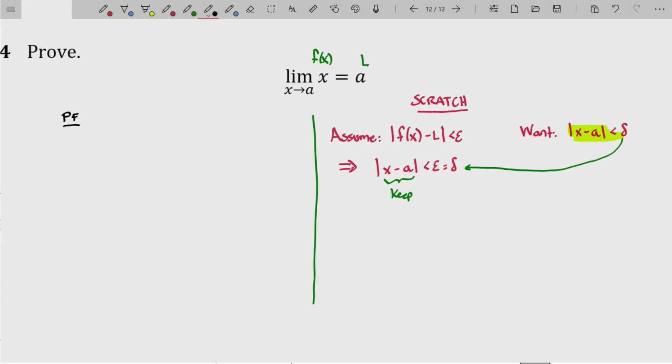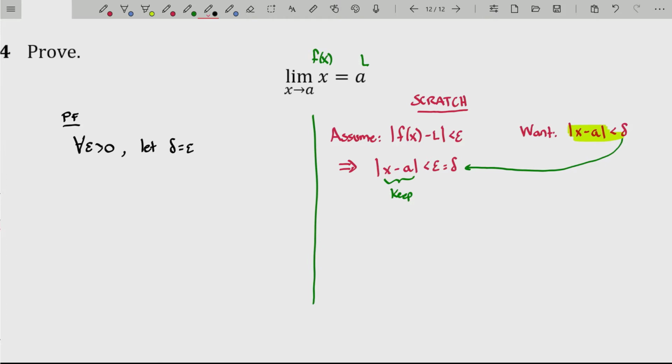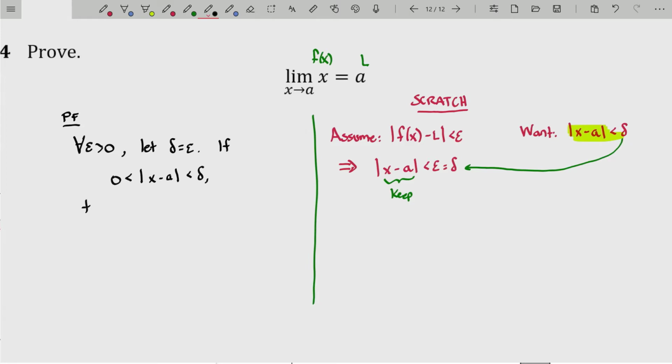Proof. Notice I'm trying to keep it without moving my screen here. Now I'll use symbolic logic. For all epsilon greater than 0, let delta equal epsilon. Well, since epsilon is greater than 0, so is delta. Right? If the distance between x and a is less than delta, then, well, the distance between x and a is less than delta.